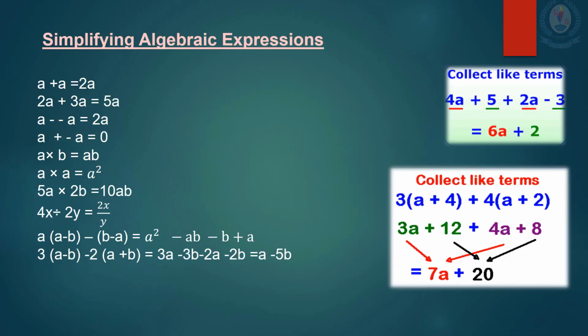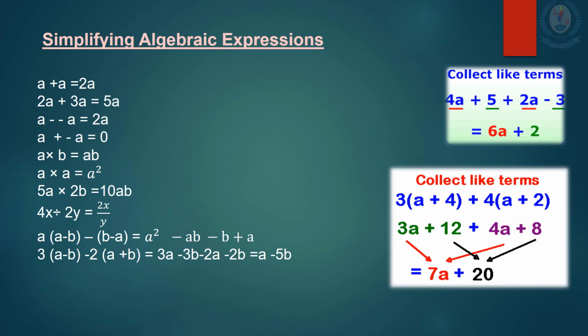Simplifying algebraic expressions. If an algebraic expression contains two terms each with the same letter, then we can usually add them. Here you can see the first example, a plus a. Same term, like term, 2a. 2a plus 3a equals 5a.